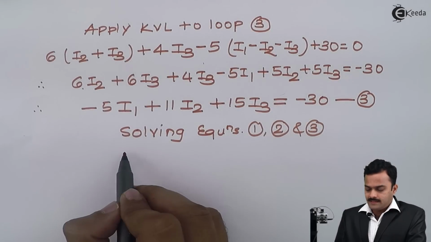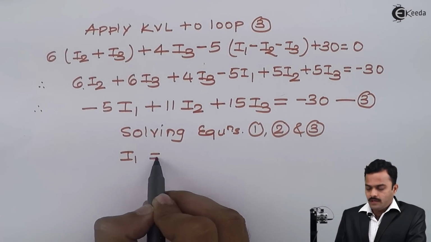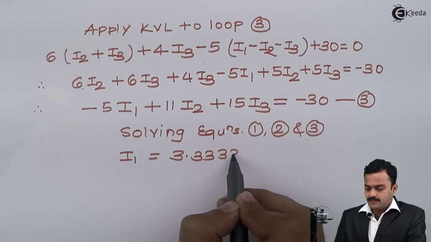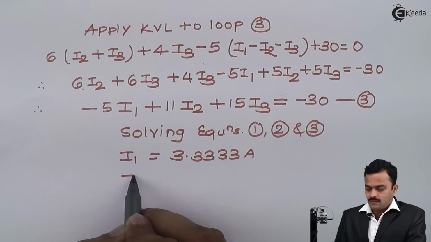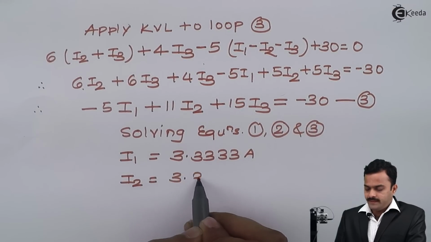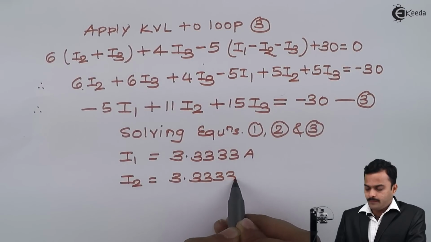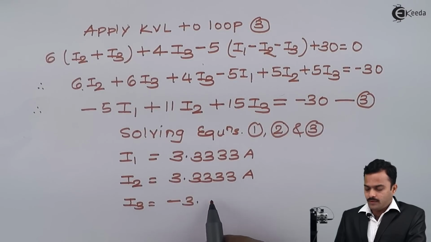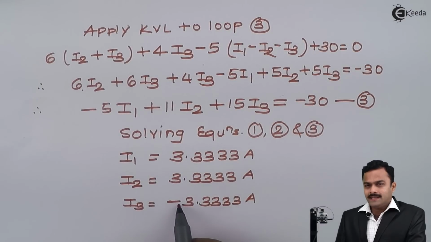I will get answer I1 equals 3.3333 ampere. I2 is same, 3.3333 ampere, and I3 I will get minus 3.3333 ampere. Minus means whatever direction of I3 we have assumed, that need to be reversed.